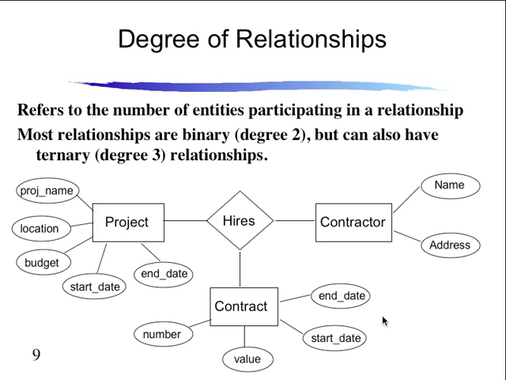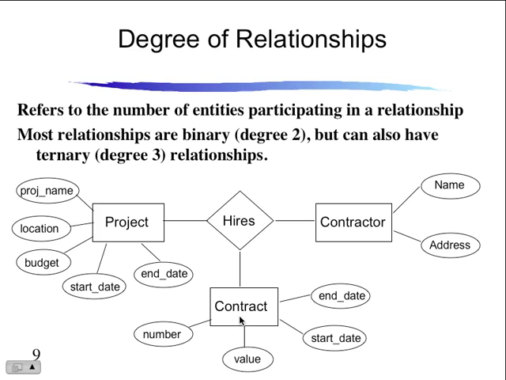So now we have different degrees. Here's our degree example. The degree refers to the number of participating entities in the relationship. Here we have 3. We have project, contractor, and contract that are all participating. And here's an example of 2 that are like a contract.